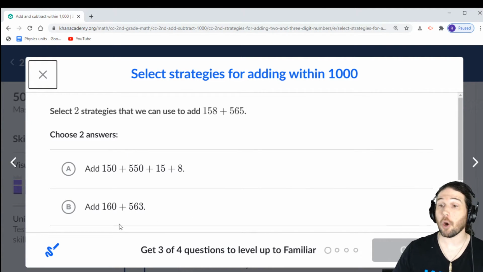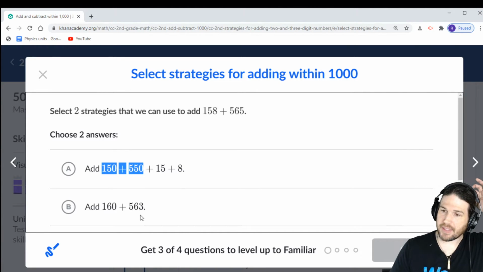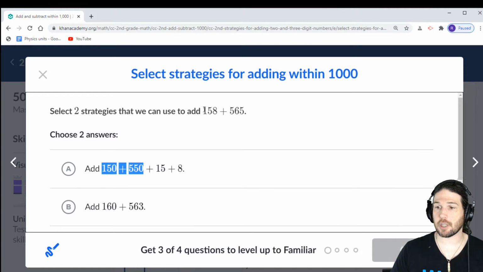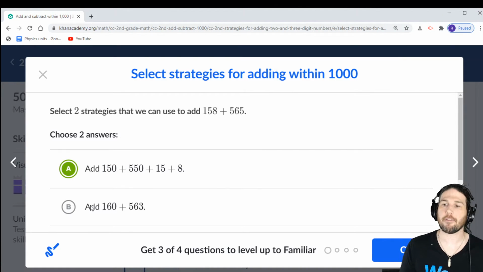So we could totally do 150 and 550, which is way easier. And then notice that this 8 matches up with this 158, and this 15 matches up with this 565. So A is indeed a correct way of breaking it down.